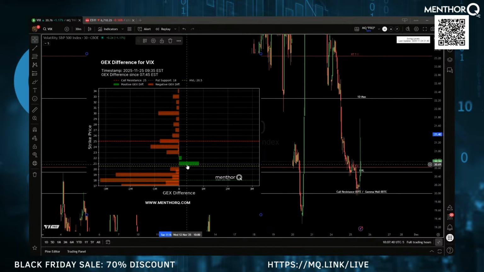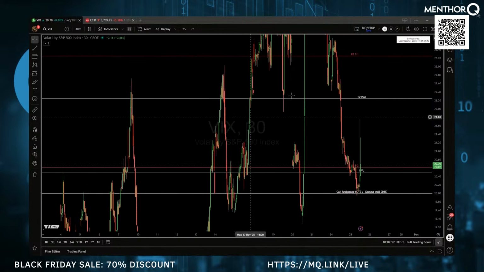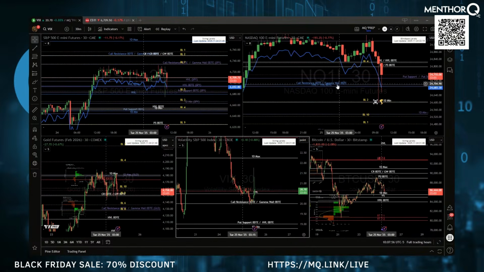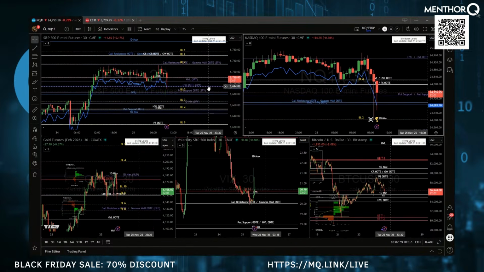Or if we don't cross 21, then we jump to negative regime and the main bigger strikes are 19, 18, 17. Bomba. Simple, easy, and clear. I hope so.